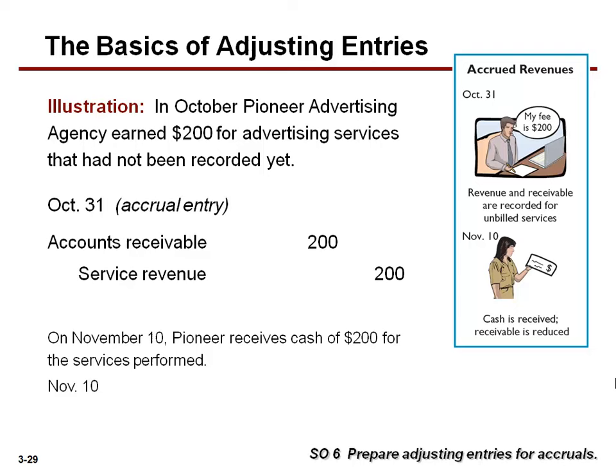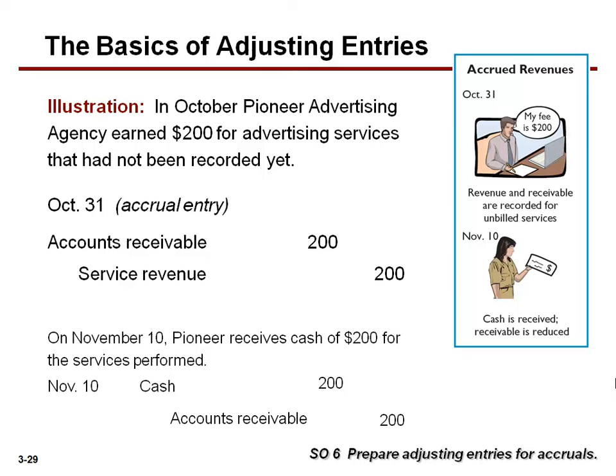Our focus here is the October 31st accrual entry, not the fact that on November 10th we're going to get paid. That entry would look like we received cash on November 10th the next month, $200, and we reduced our accounts receivable $200. That's just an exchange of assets. Assets have not increased in total on the November 10th cash transaction. They've just rearranged themselves.